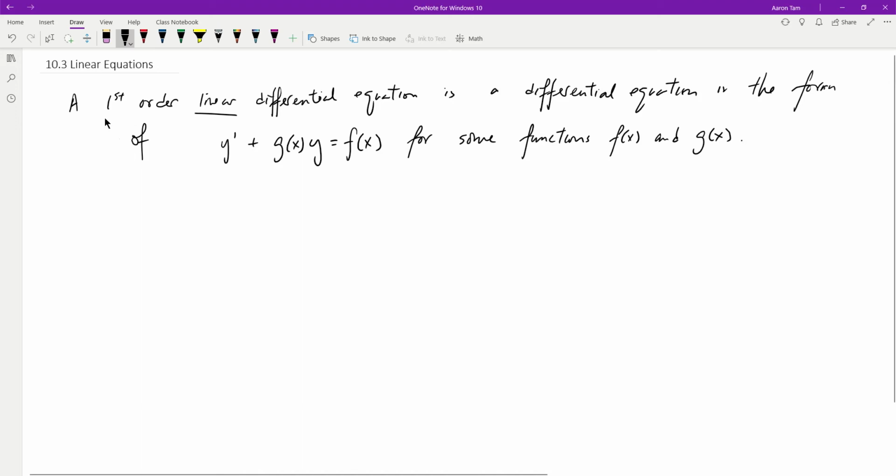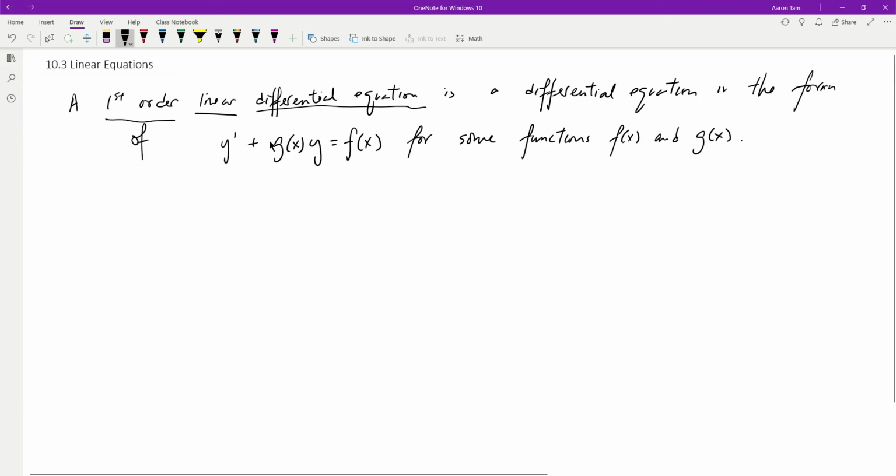It's called first order. We already learned what first order means: it's only up to the first derivative. We obviously know what differential equation means. The word linear here indicates that you have y prime and y, but you don't have any functions of y or y prime, nor any multiplication involving y and y prime.